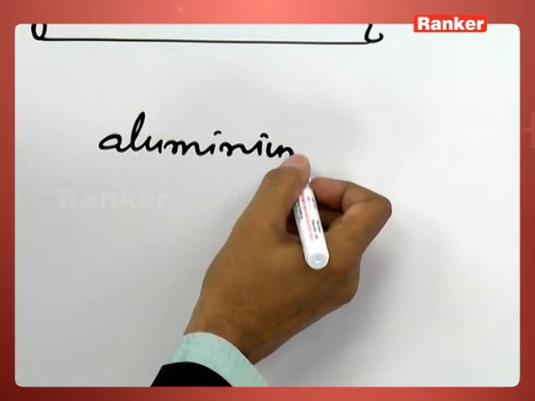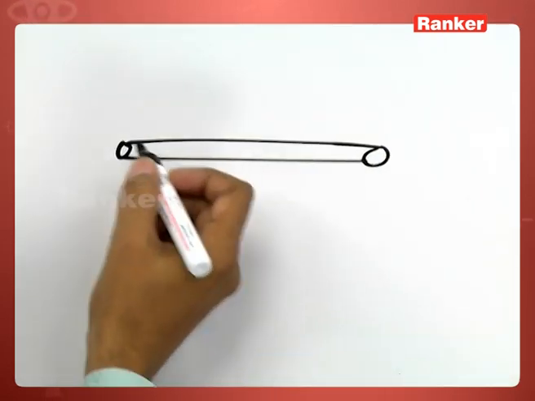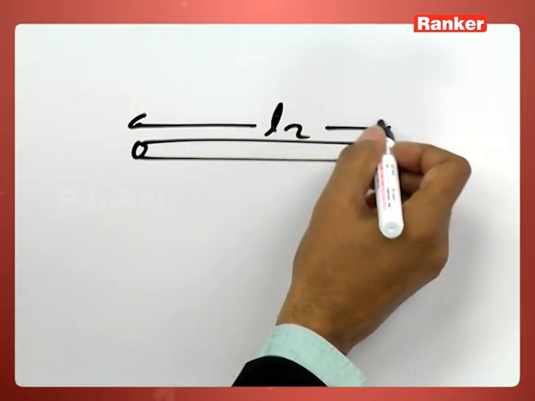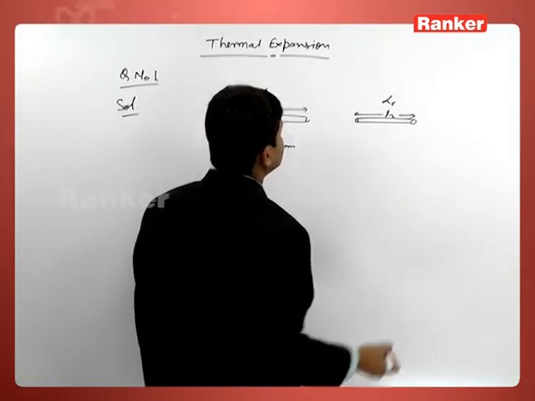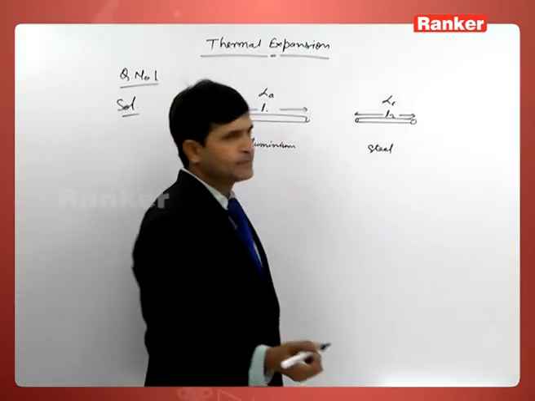And another rod is steel, and this has length L2, and its expansion coefficient is alpha S, as it is made from steel.